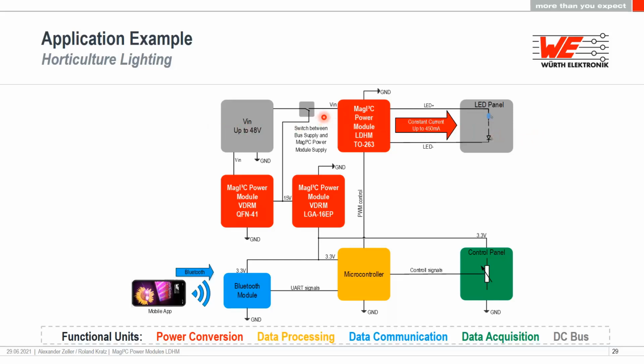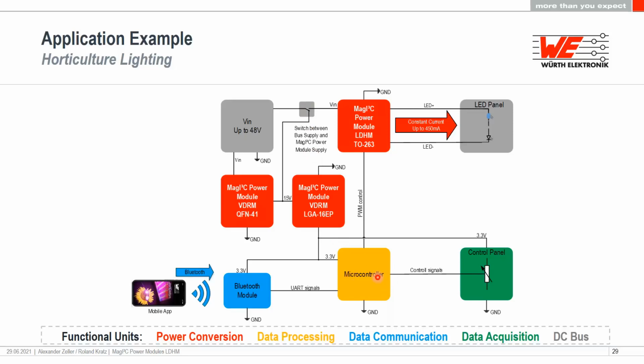So the input voltage of 15 volt can be selected with a switch if you have only 1 or 2 LEDs. If you want to have a lot of LEDs like 10, 12, you can select the up to 48 volt.